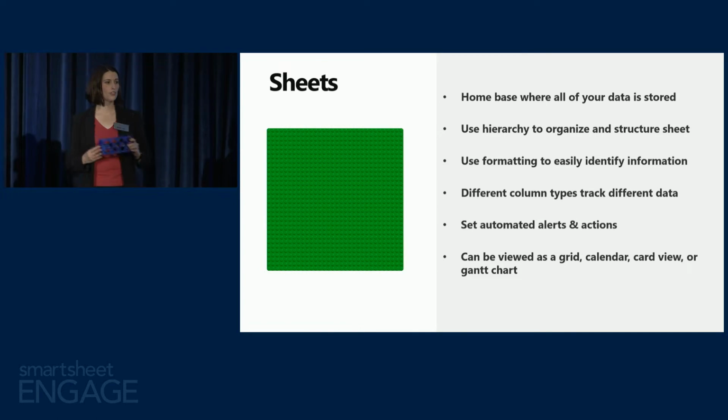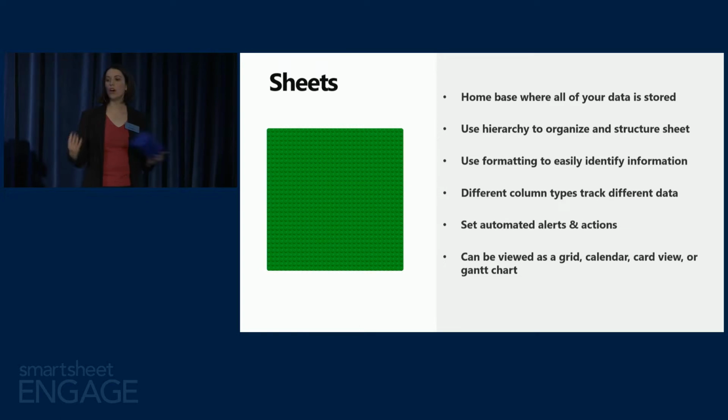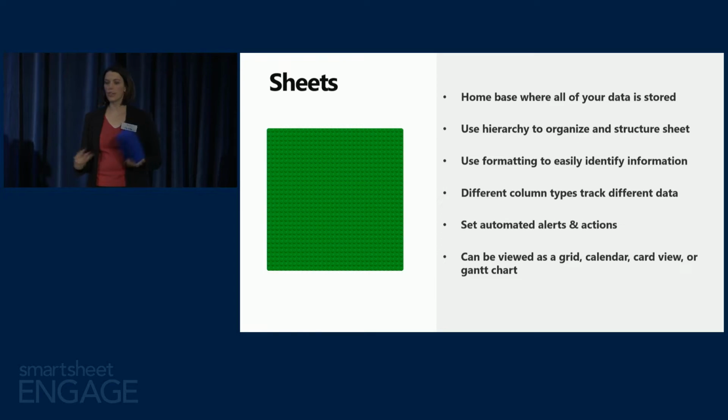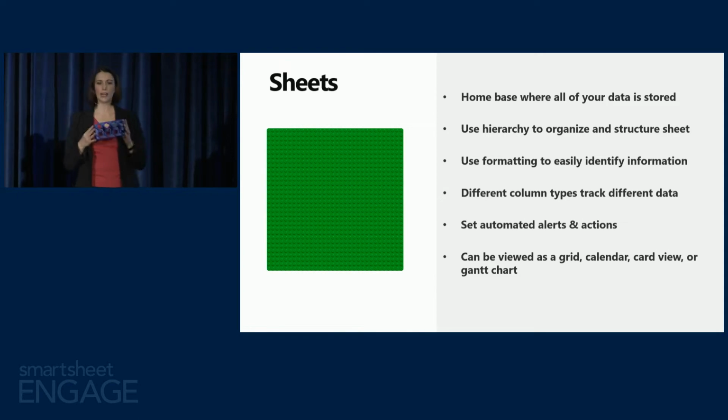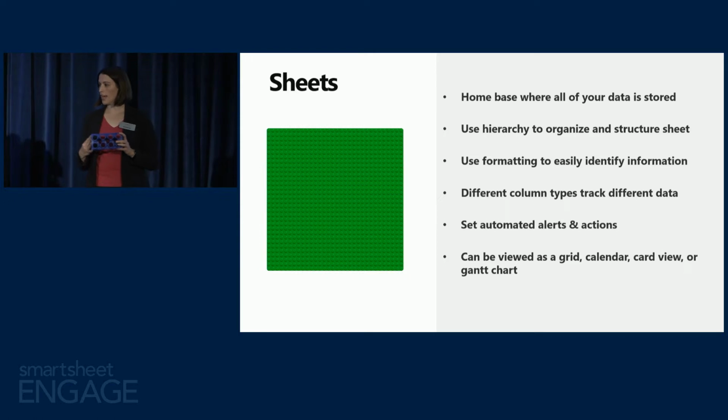A sheet is your foundation of all your work in Smartsheet. It's like home base. It's where all of your data actually lives and your data is managed. It's always in a sheet. You can pull that data for visibility in other places, but it actually lives in the sheet itself. So it's really important, and you're always probably going to have at least one sheet as part of your process.